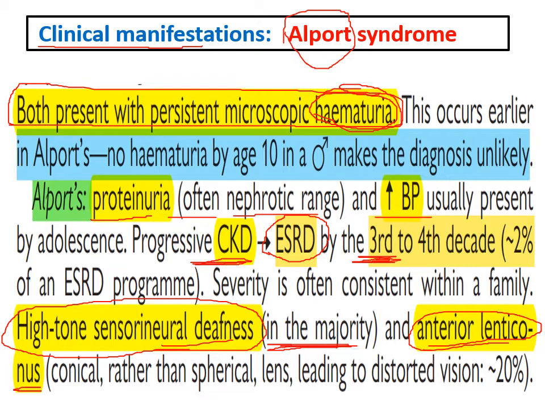From its name, it is an abnormality of the anterior surface of the lens with cone-shaped distortion. It is pathognomonic of Alport syndrome, and it leads to distorted vision. It also becomes obvious in the second decade.